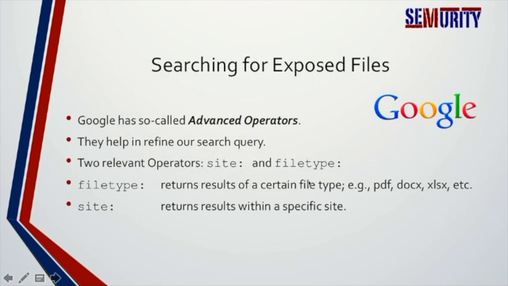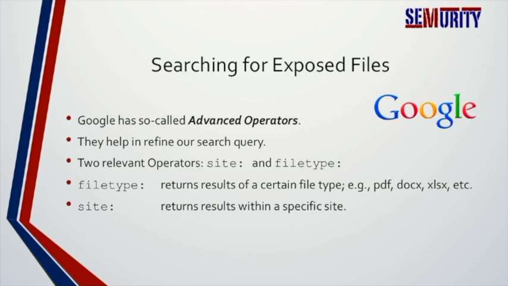The second operator that's also important here is file type. And file type instructs Google to only return results that are of one single file type that you specify. For example, you can specify PDF with file type, and in this case Google will return only PDF files.